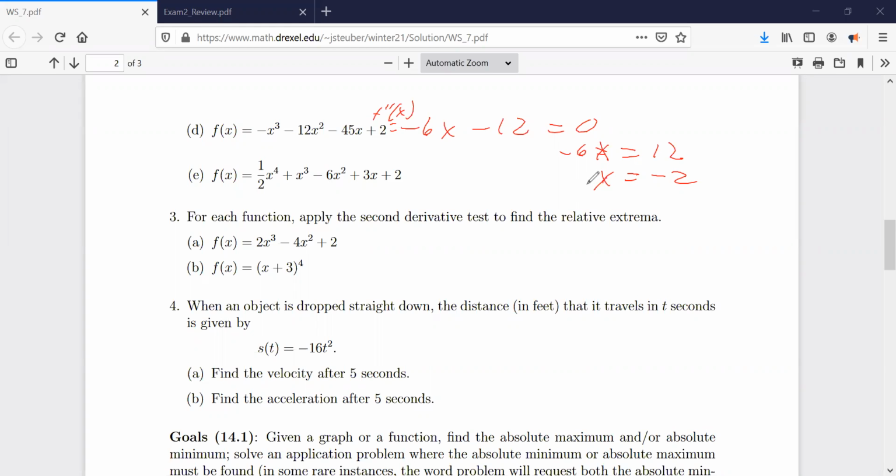And it's the only potential inflection point. And now I just need to test on either side to see, is it concave up or concave down from -infinity to -2 and -2 to infinity. So what test points do people think I should use?